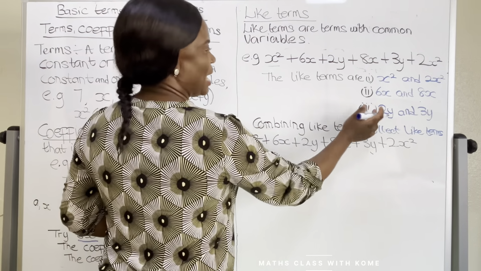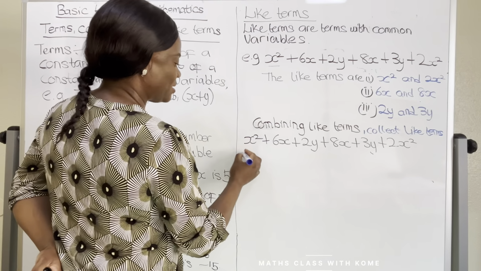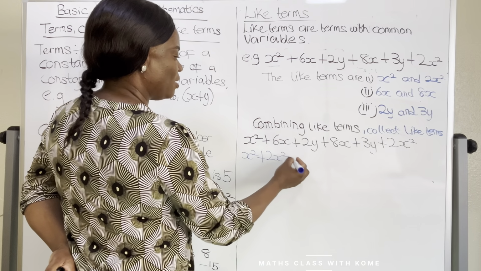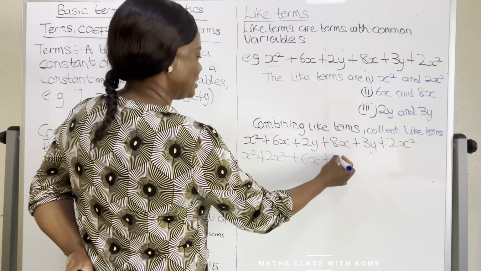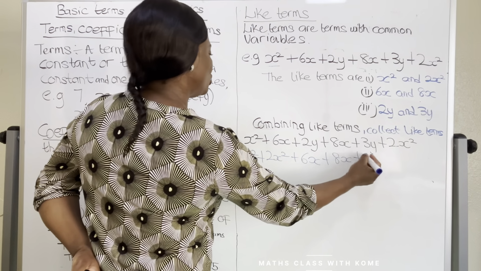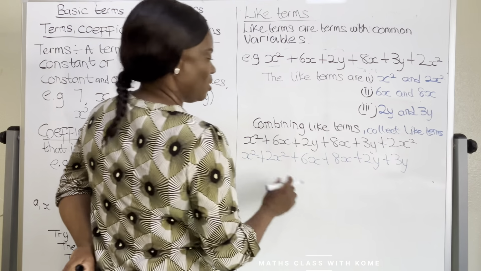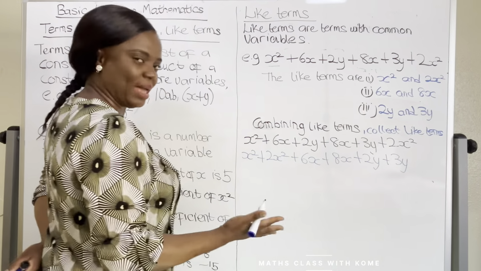Here we have already identified the like terms, so I can rewrite this expression as x squared plus 2x squared plus 6x plus 8x plus 2y plus 3y. We have brought all the like terms together.